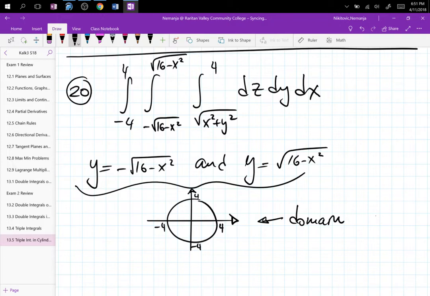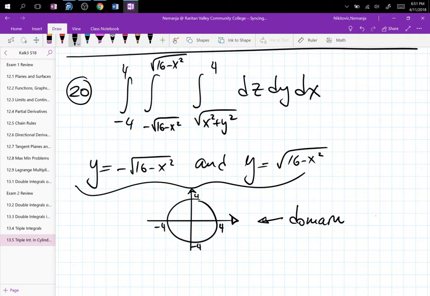The positive square root is the top. Now, negative 4 to 4 on dx, could that be 0 to 4? 0 to 4 would be just the right half. Negative 4 to 0 would be the left half. Negative 4 to positive 4 is the whole thing.